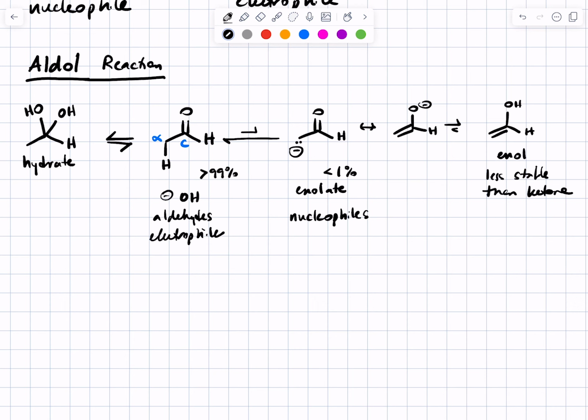And we were not dealing with the idea of what if our enolate nucleophile, which we're only forming in less than 1%, is going to be in the presence of a lot of aldehyde starting material. What if the enolate alpha carbon attacks as a nucleophile the aldehyde?